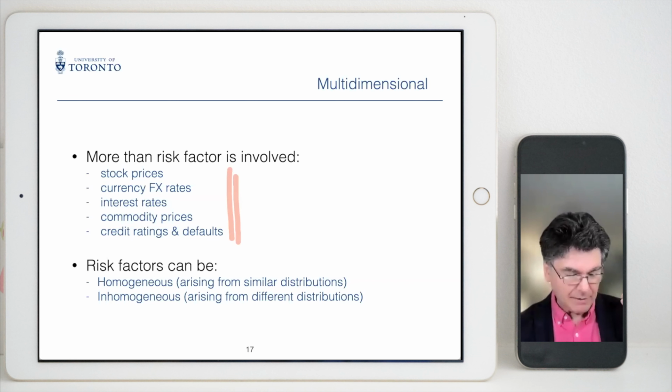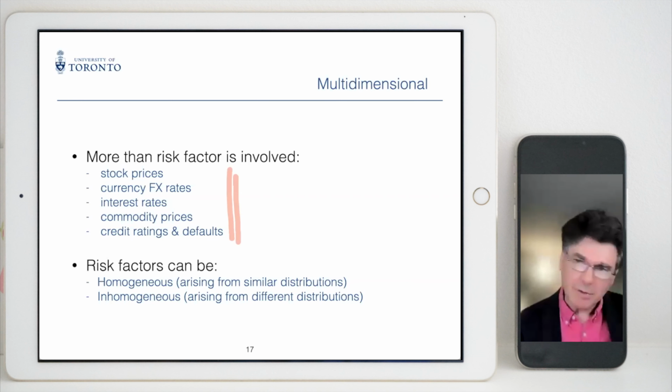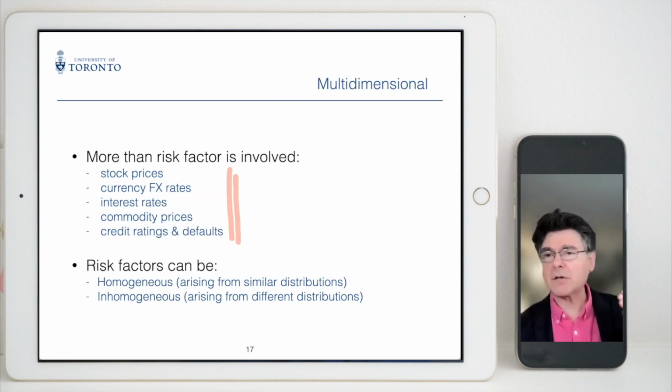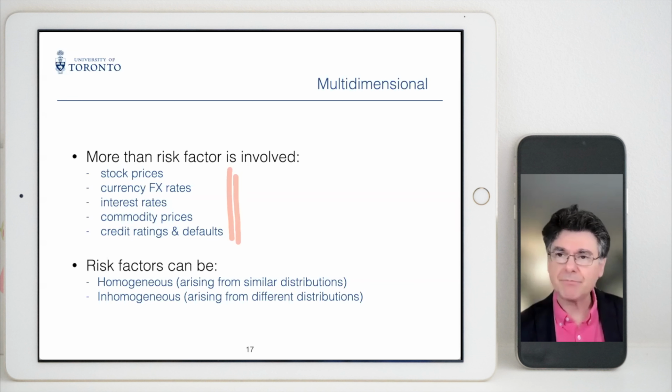I could have bonds, like stocks and bonds, like in the convertible arbitrage example, which you did in your assignment. I can have currency exchange rates. I can have commodity prices, price of gold, many things, and all of them at the same time. Okay, so that's one way in which this can come up.